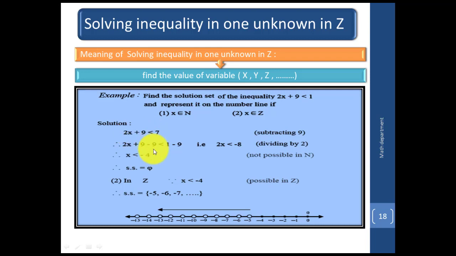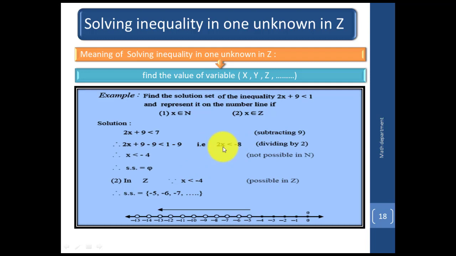With x, we have two operations, plus 9 and times 2. How can we cancel plus 9? I will make the inverse, minus 9 here and minus 9 here. So 2x less than 1 minus 9 equals negative 8.